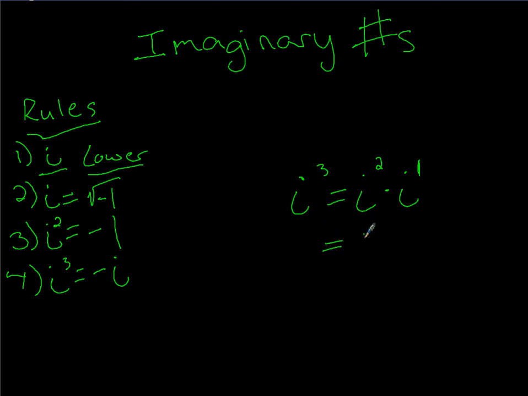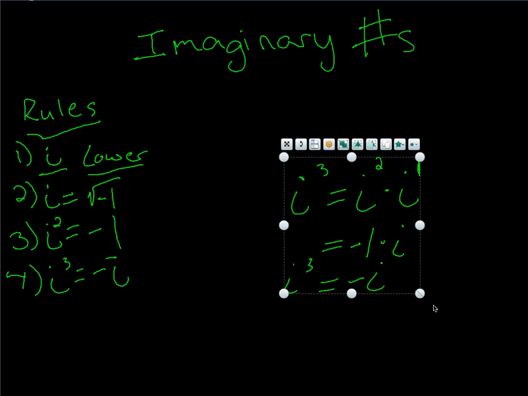We already know what i squared is, right? So we're just going to plug the known value for i squared in. That's -1 because we found out over here. And we're going to multiply that times i to the first, or just i. And we're going to be left with, obviously, -i. So that's right, i cubed is only equal to -i.